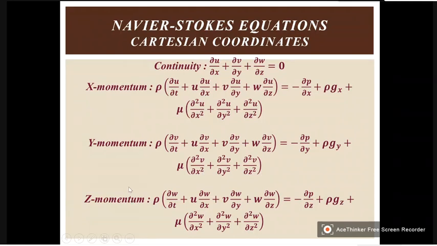And similarly in z direction, it will be w, dou by dou t, local acceleration, dou by dou x, dou by dou y, dou by dou z. You will see u, v, w, u, v, w, u, v, w. So this is how you can remember.